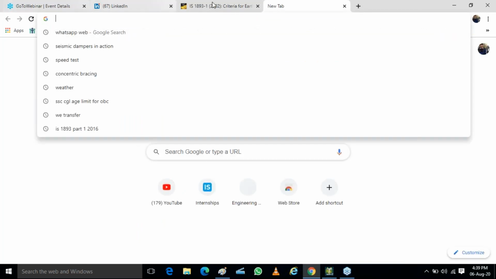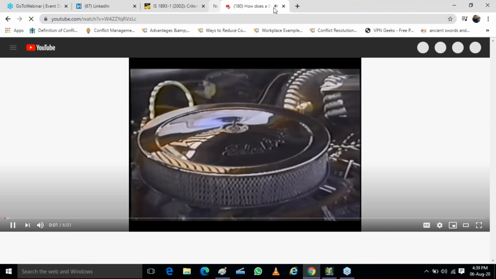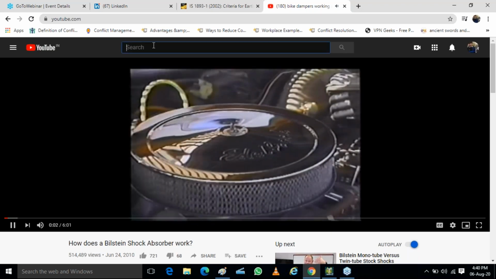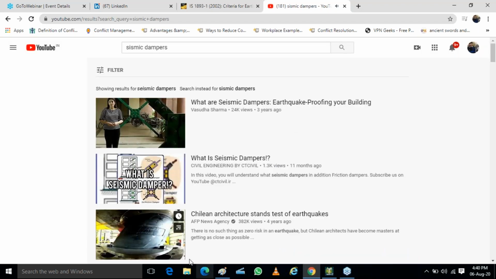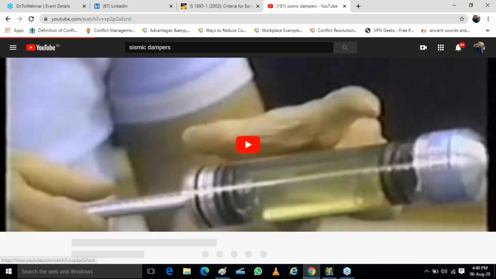Dampers. There is a video I have shown you in seismic dampers where they move a small model.